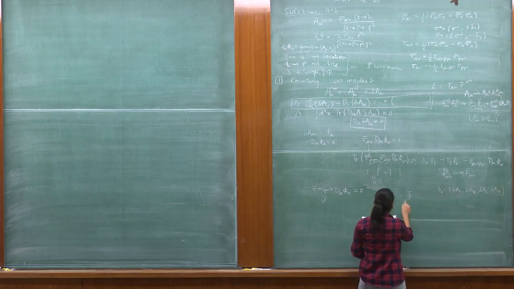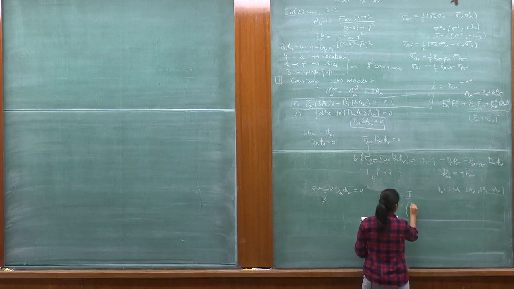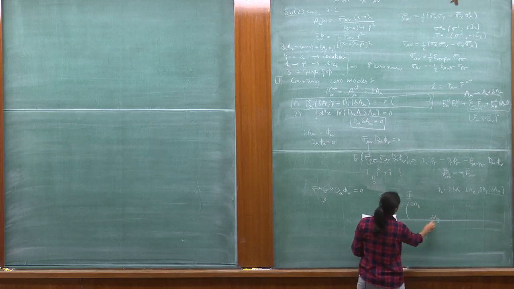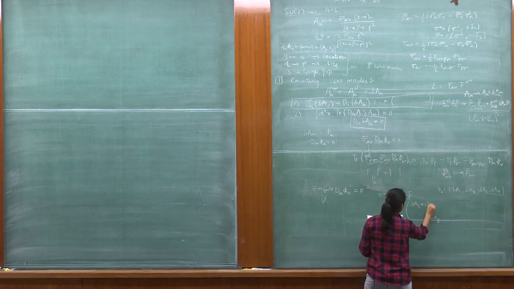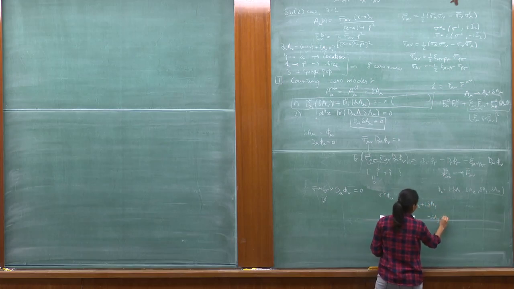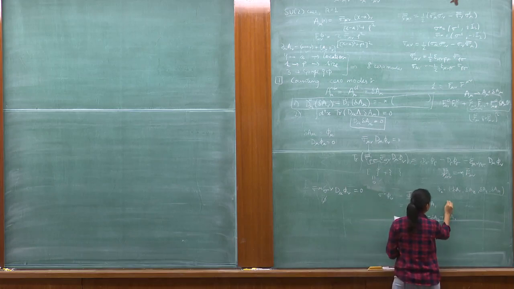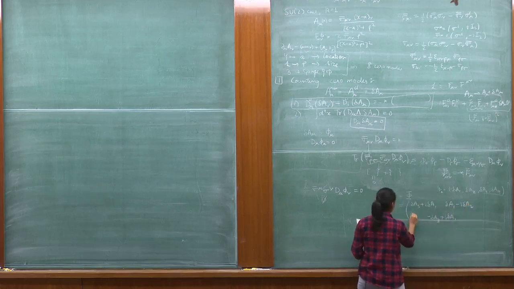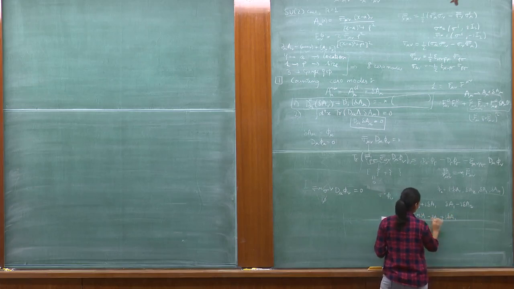You can see that this matrix will be, okay, so there will be delta A3 from sigma 3 multiplication. Then there is an I delta A1 plus I delta A1 from sigma 2 multiplication. You will get a sigma 1 multiplication, delta A1 minus I delta A2, I think delta A1 plus I delta A2.